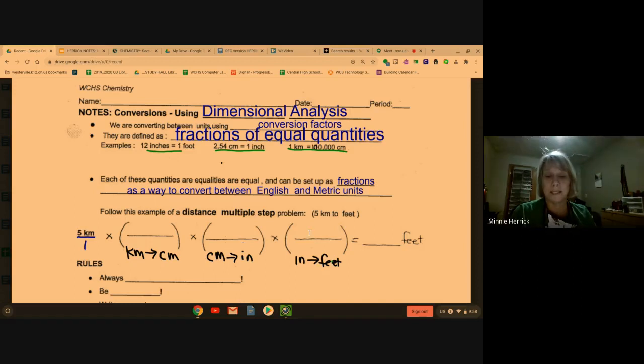Okay, so as I get to this example with the slides and then try to explain it on my actual worksheet with my document camera, I'm hoping after a couple examples, you'll begin to understand what we're setting up. But it's a fraction, and you're going to use them as a way to convert between English and metric. Each of these quantities are equalities. They're equal, the top and bottom values are equal. And you just set them up as fractions, and you use that as a way to convert.